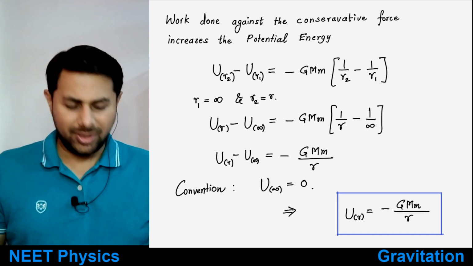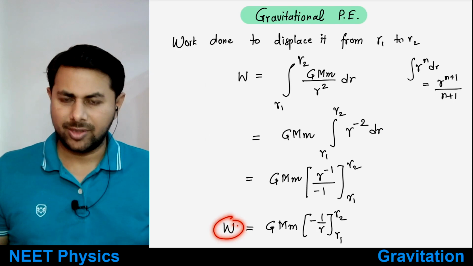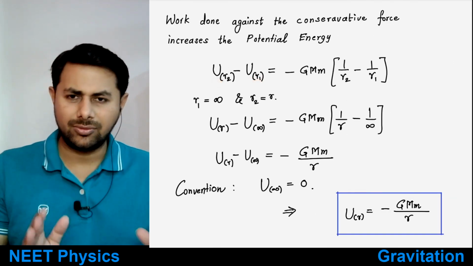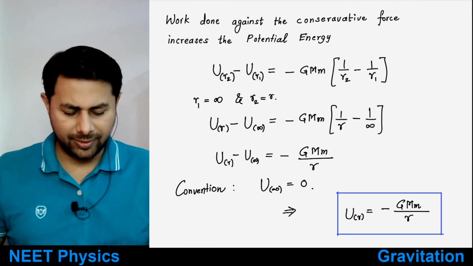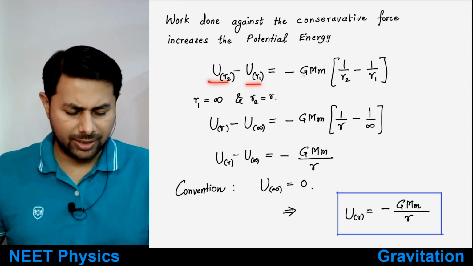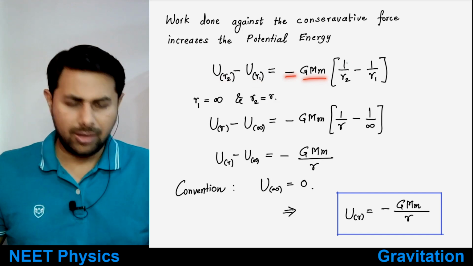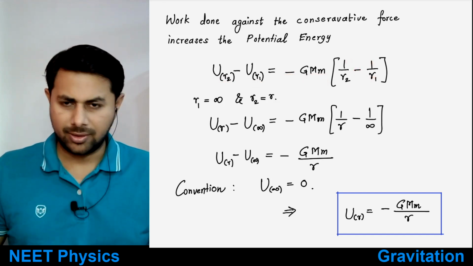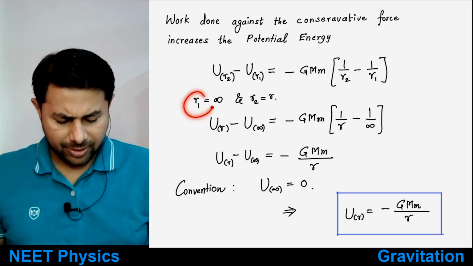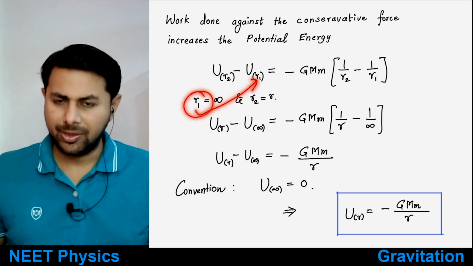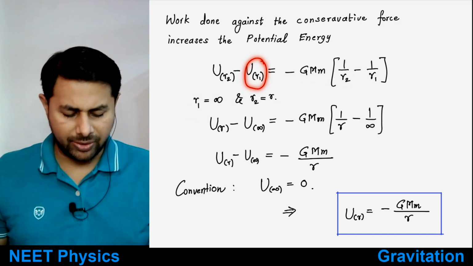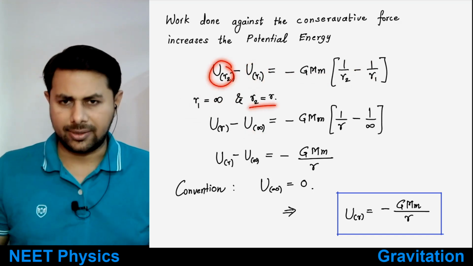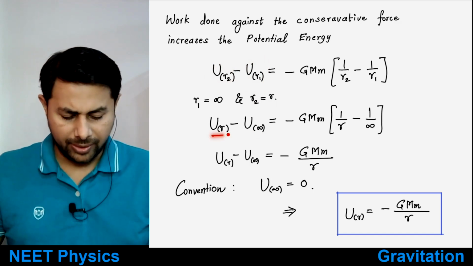So this work done can be written as the change in potential energy, U at R2 minus U at R1, which is minus of GMm multiplied by 1 upon R2 minus 1 upon R1. Then we substitute R1 equals infinity and R2 equals R.